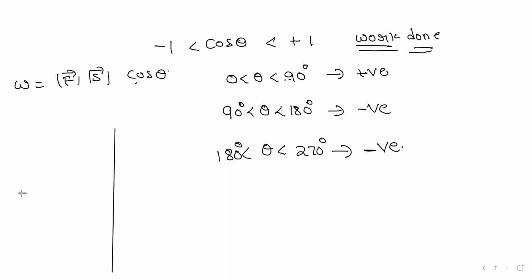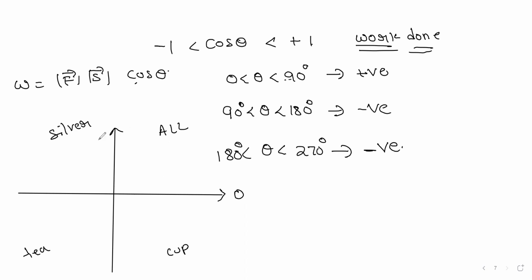You know the trick of all silver tea cups, right? This line starts at 0. This is 90, this is 180, this is 270. Here cos is positive. In silver, cos is negative. In tea, cos is negative.